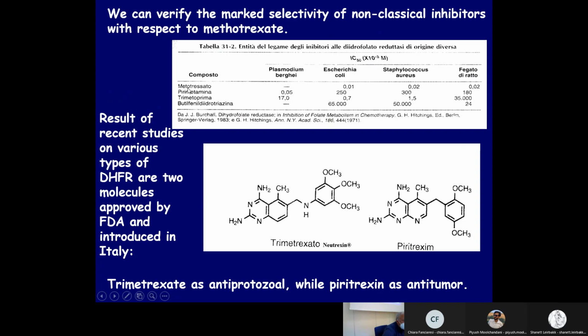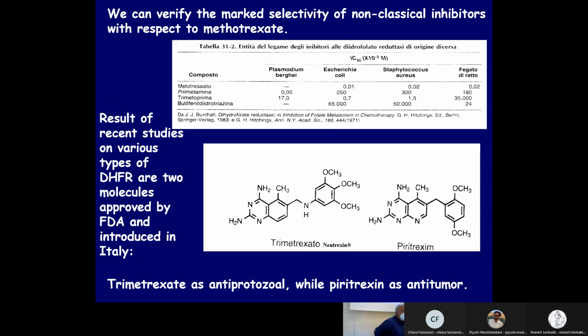We can see the first example, methotrexate. We have already described the high potency of this compound. But, for example, methotrexate is not active against the Plasmodium.